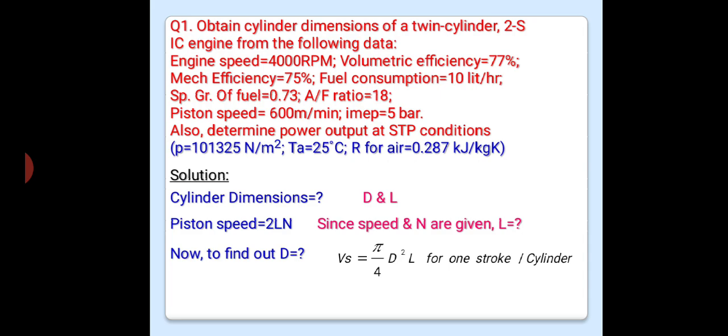Also determine power output at standard pressure and condition. They have given the atmospheric pressure, atmospheric temperature and value of R.